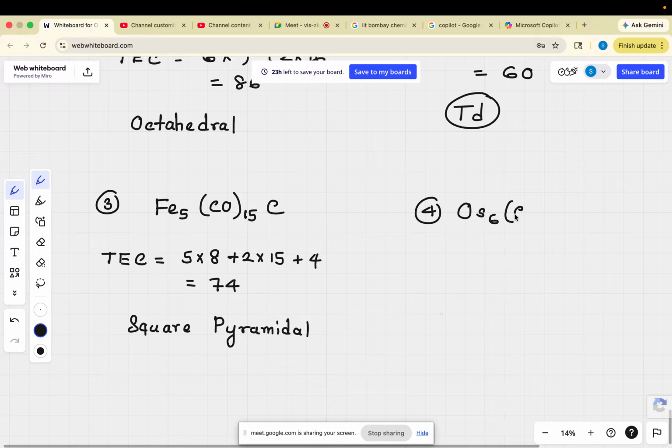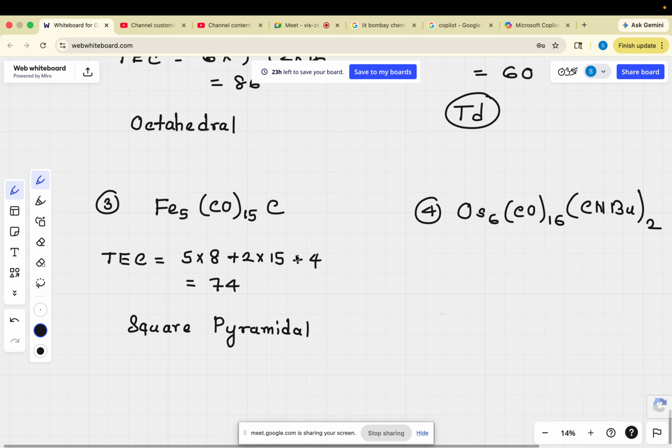And suppose you have this Os6(CO)16 and (CNBu)2. Find it out. CNBu, how many electrons will it donate?